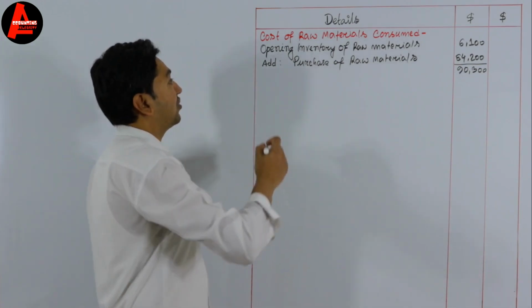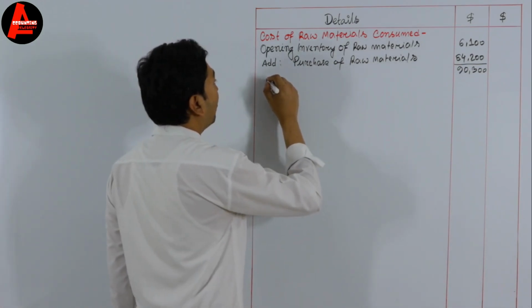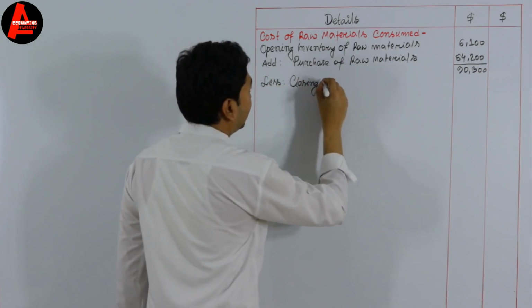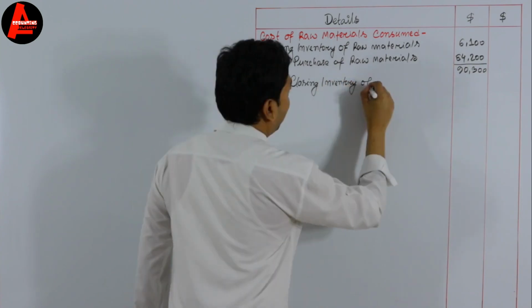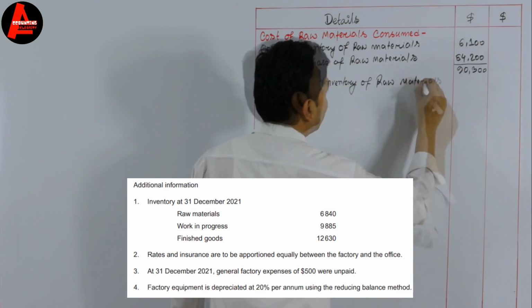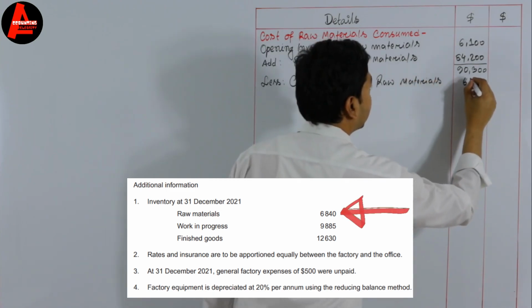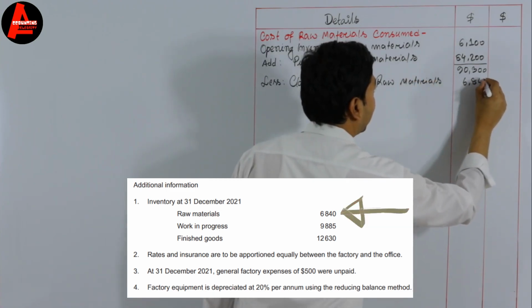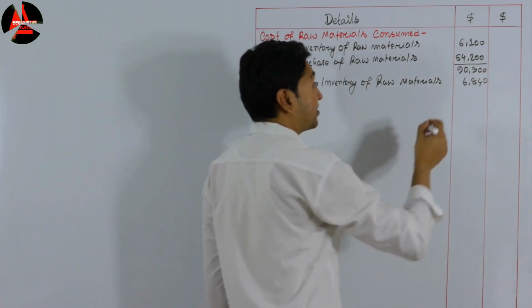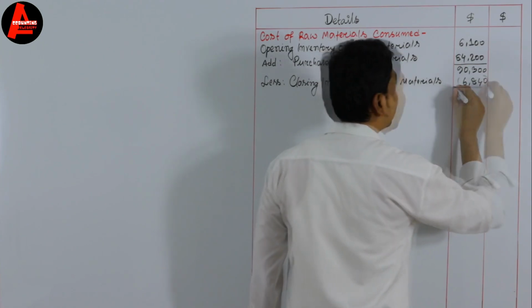Now we will subtract closing inventory of raw materials. So let us write less or minus, whatever you like, closing inventory of raw materials. So we have here $6,840. Now we will subtract this amount from here.